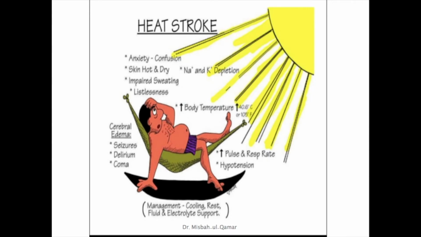In heat stroke, the body temperature may rise up to 105 to 108 degrees Fahrenheit, and there is definitely a failure of all the heat dissipating mechanisms. Usually, heat stroke occurs during a heat wave when the temperature and the humidity are very high.